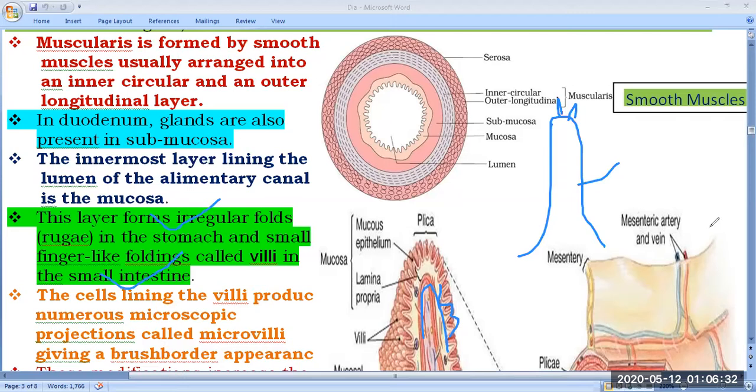But when finger-like folding is found in the small intestine, it forms a special type of structure known as the villi. And what is the function of villi?